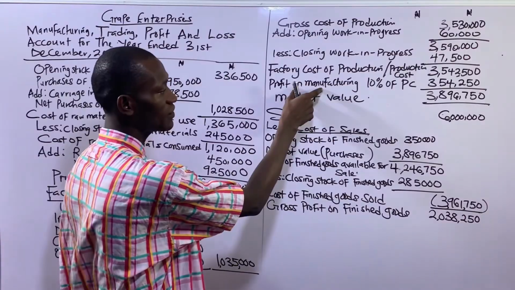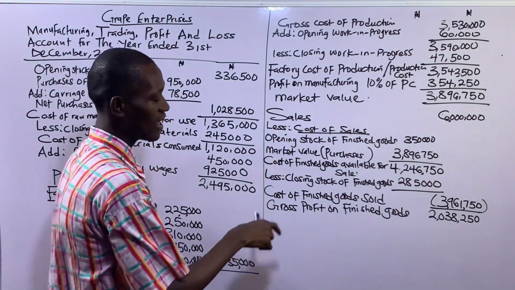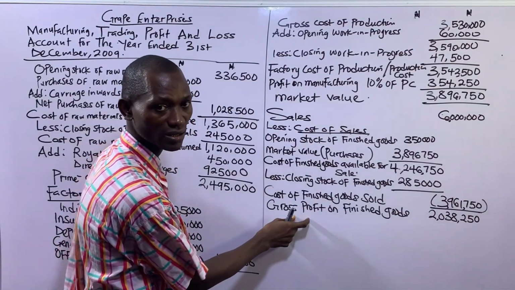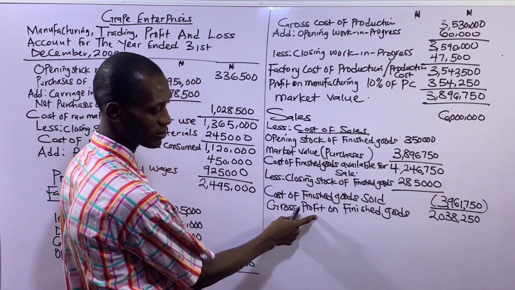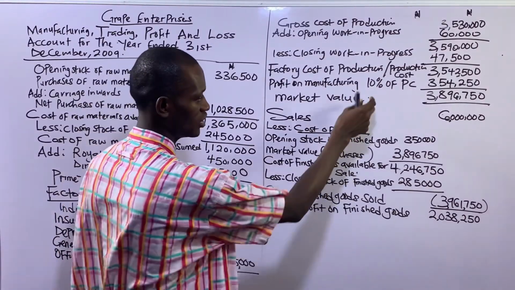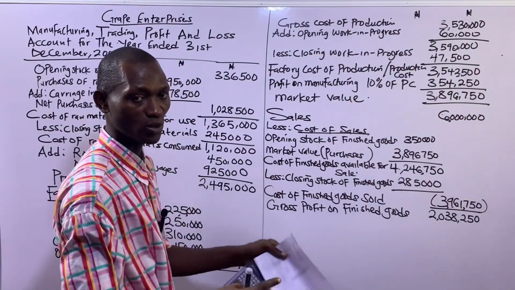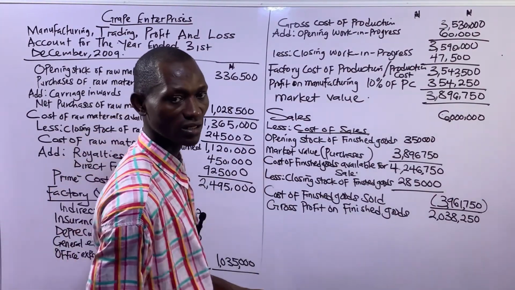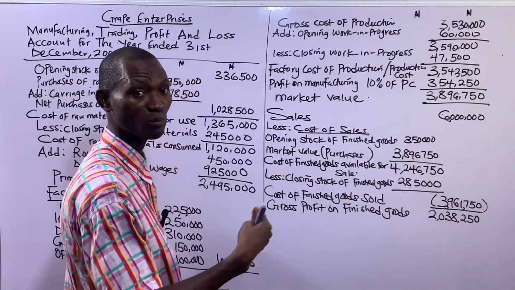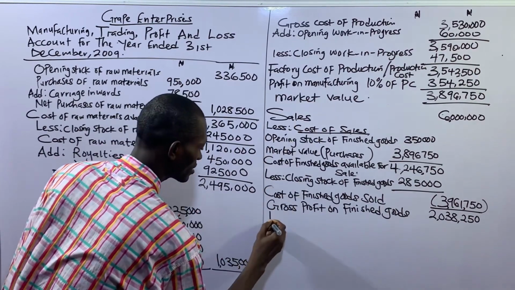So this is the profit for manufacturing the goods in our factory, and this is the profit we made for selling the goods we have manufactured. So the two profits now will be added together. That will be the total profits we made from manufacturing and selling the goods we have produced.